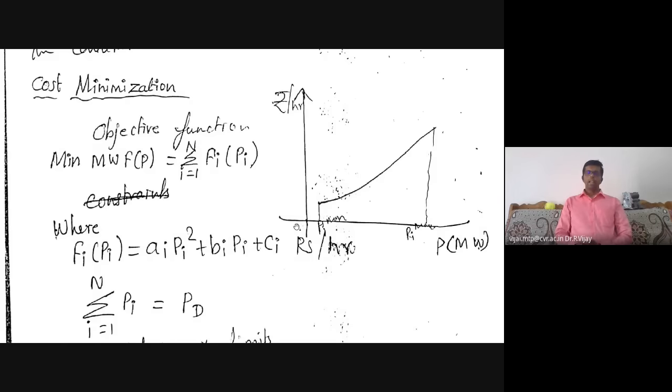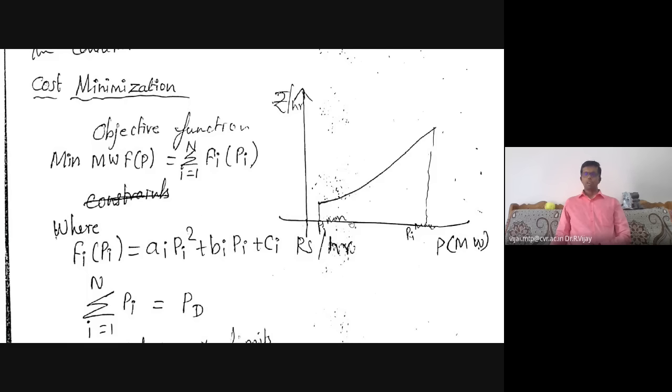You can also use P_Gi squared or P_Gi, and F_i of P_Gi like that also. Nothing to worry about: P_Gi and P_i are the same. For simplification we have used P_i here. So this is the main objective function.